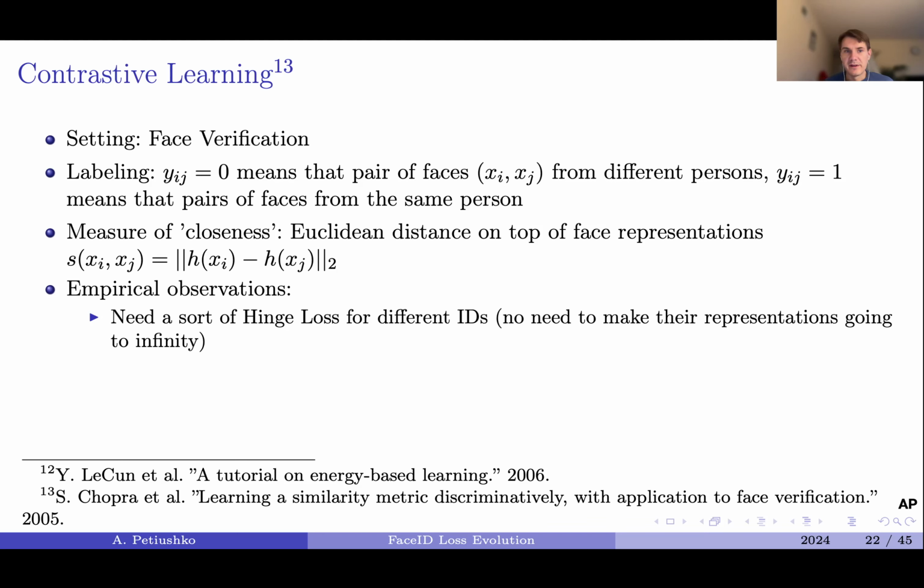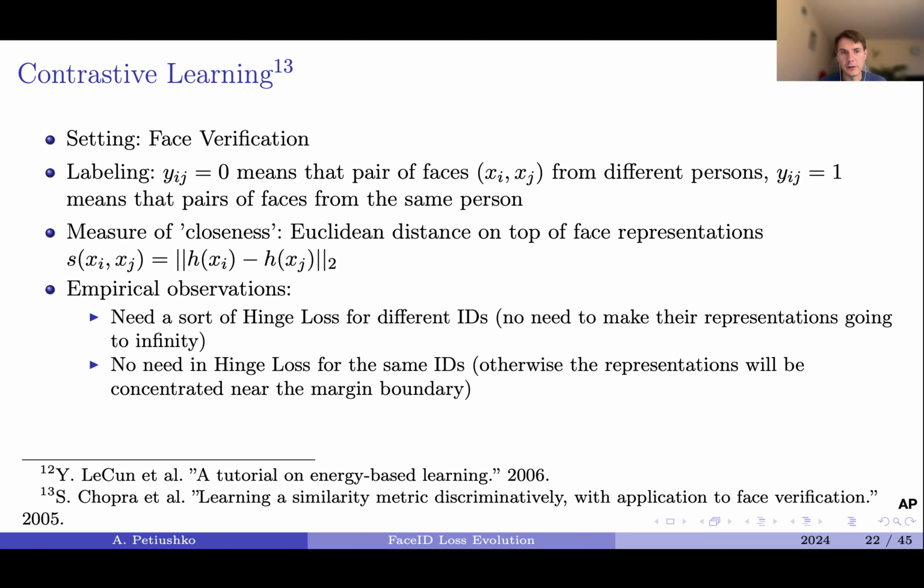Empirical observations that have been made during this initial series of works. First of all, we need a sort of hinge loss for different IDs, so we don't need to make the representations of different IDs go into infinity, as it would make the whole algorithm unstable. Also, vice versa, we don't need hinge loss for the same ID, because otherwise representations will be concentrated around some margin, for example a sphere.